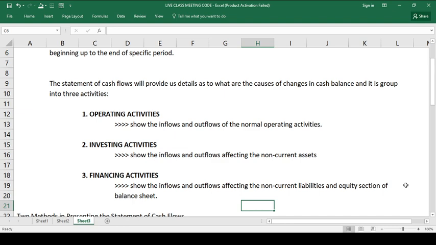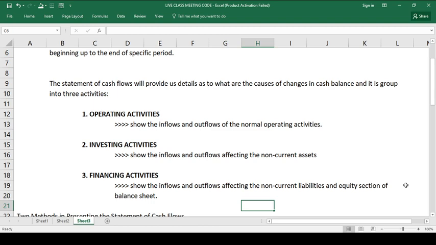It shows the inflows and outflows affecting the non-current liabilities and equity section of the balance sheet. If there are cash transactions affecting those accounts under the non-current liability section and the equity section of the balance sheet, those cash transactions are considered financing activity.